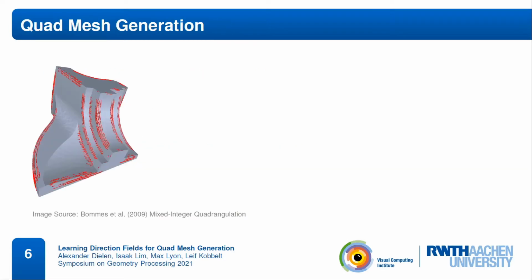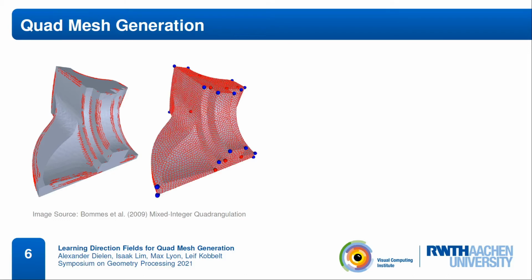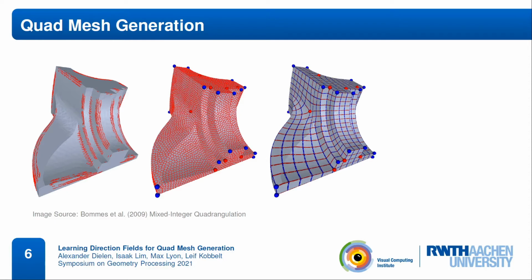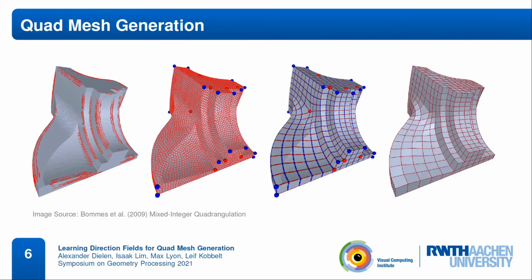Specifically, we base our approach on a parametrization-based quadrangulation method. These methods first identify a set of directional constraints that can be used to interpolate a smooth direction field, and then the resulting field is used to align a parametrization whose integer isolines are lifted back onto the mesh surface to extract a quad mesh.